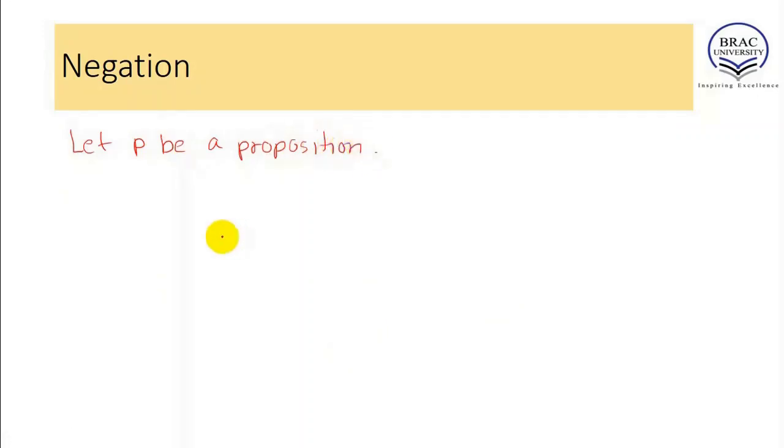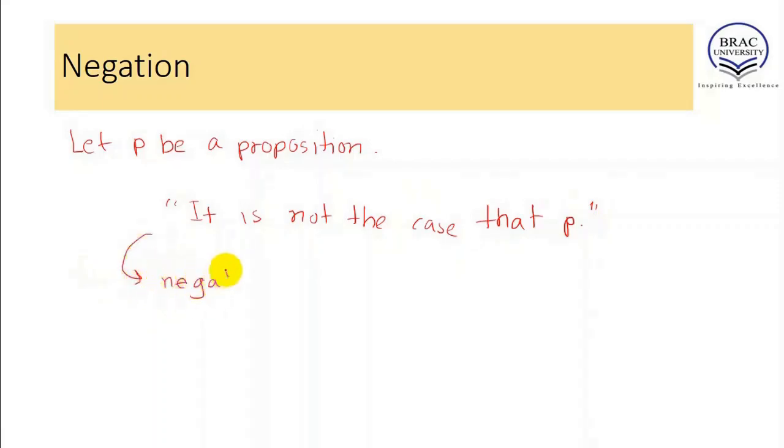The statement "it is not the case that P" is another proposition and this is the negation of P, and we denote this by not P or something like this, not P or something like this, and each of these we will pronounce like not P. Okay.